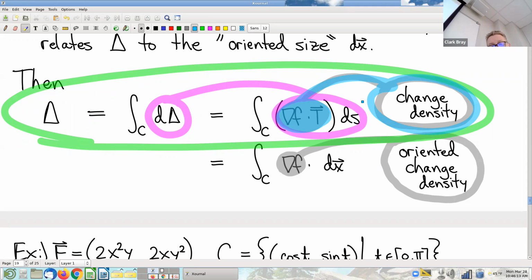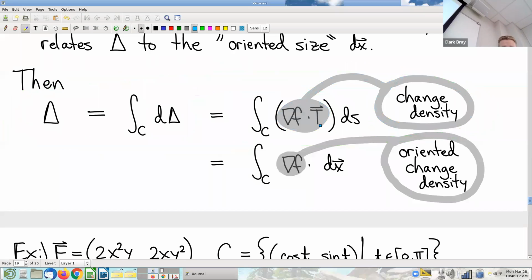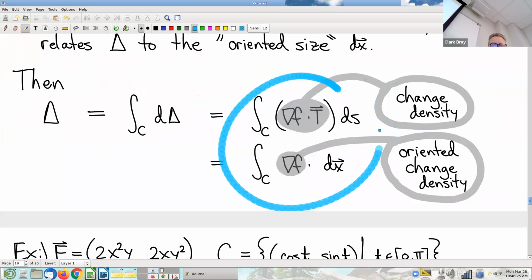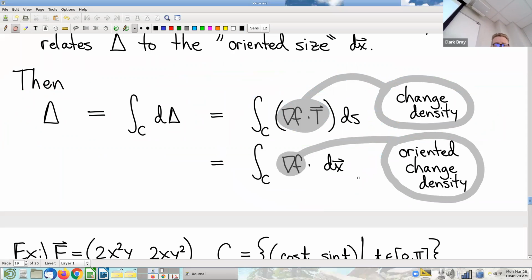Okay. So at this point I do want to change point of view on this just a little bit, and this is going to be really useful later, more than we can anticipate now. But I do like to rewrite the integral like this. I've already made the observation long ago that among the many reasons I like this notation better is that the differential tells me everything I could possibly want to know about each little piece of curve.